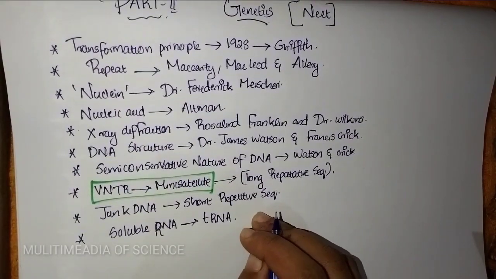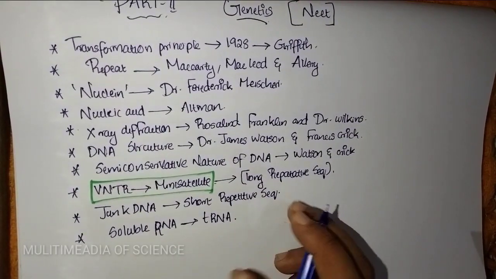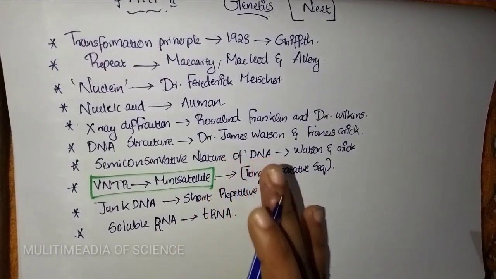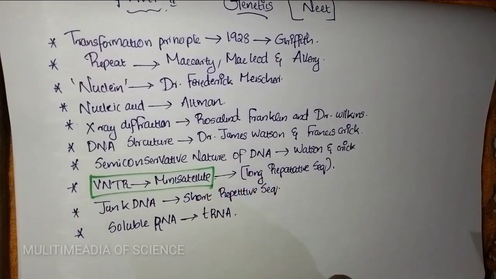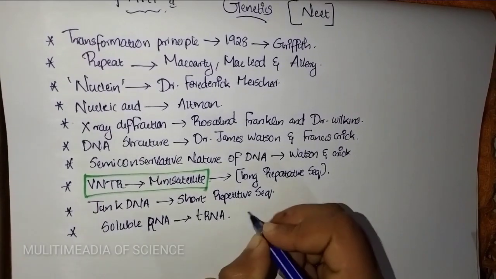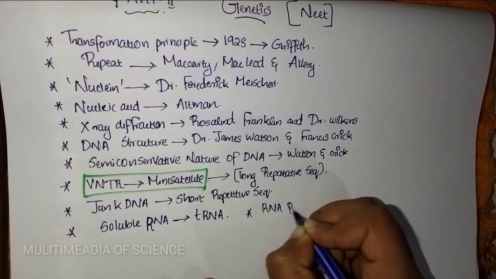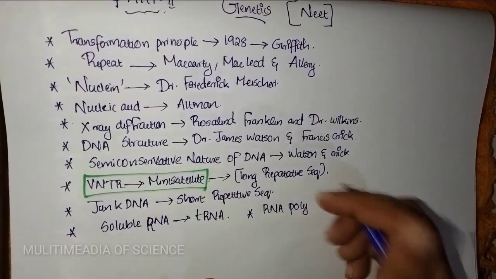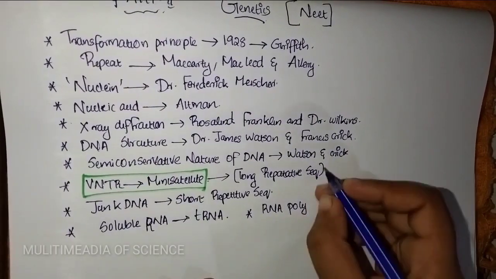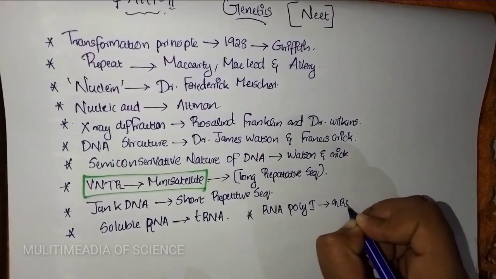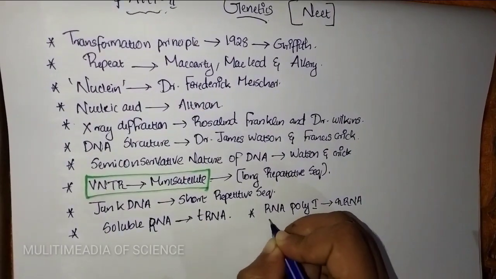Then they discuss RNA polymerase 1, RNA polymerase 2 and RNA polymerase 3, and what do they indicate? RNA polymerase 1 indicates rRNA.